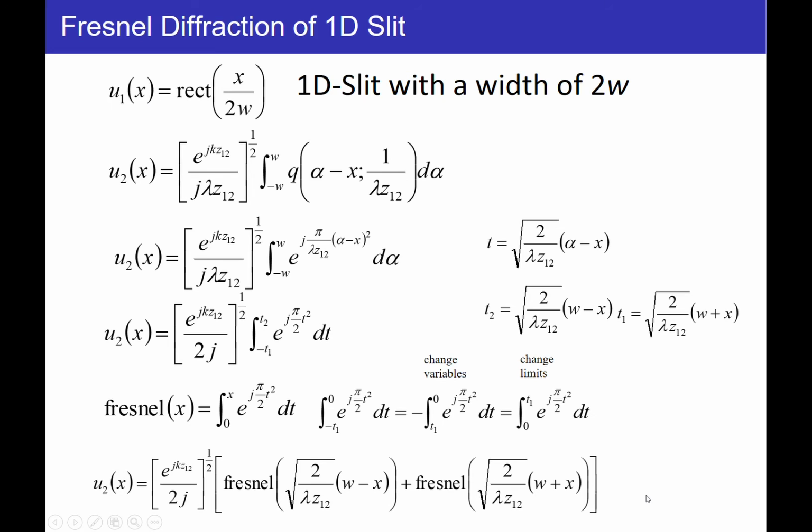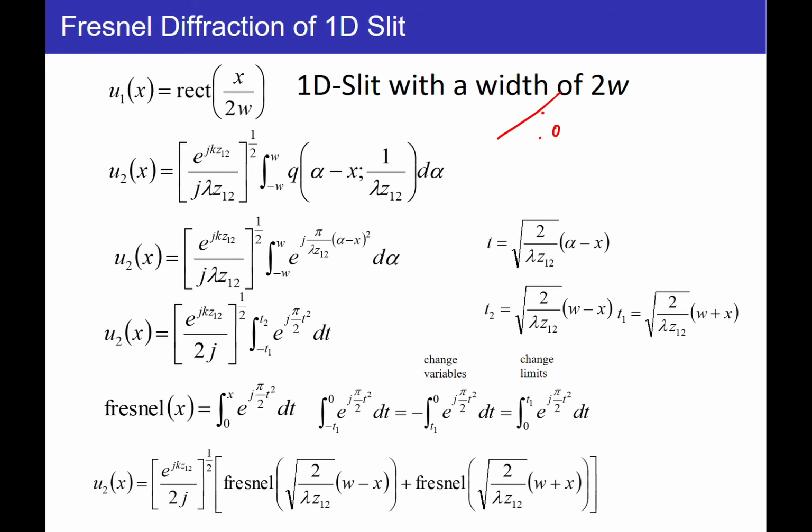and then we are going to start with the one-dimensional slit. So we are going to assume that U1(x) is given by the rectangular function of x over 2w, which means a one-dimensional slit with the width 2w, such that if you look at it, the x is here, so that the origin is at the center of the slit. Origin is at the center of the slit, w above, w down, and then we have this kind of slit.